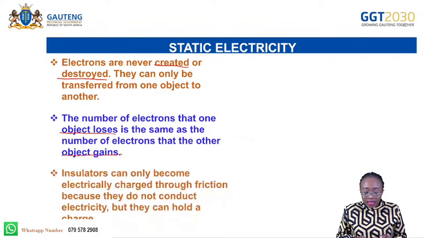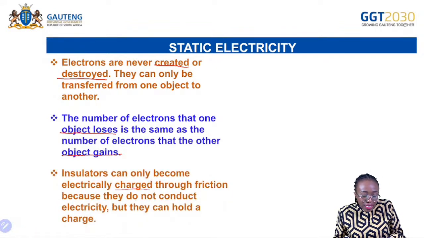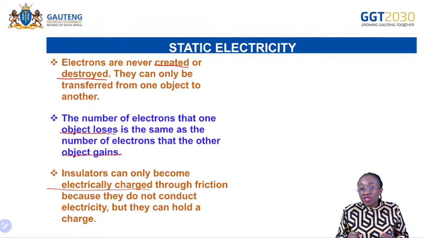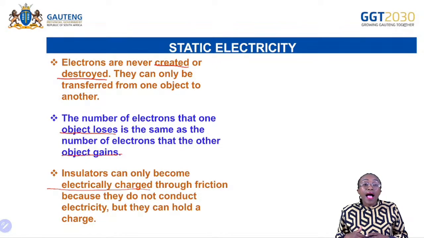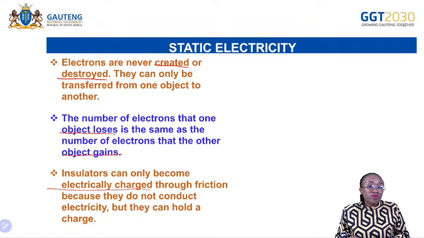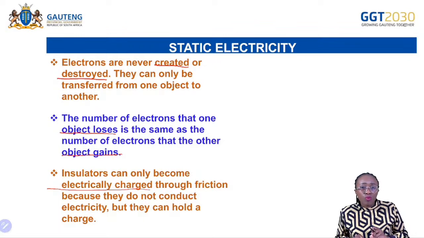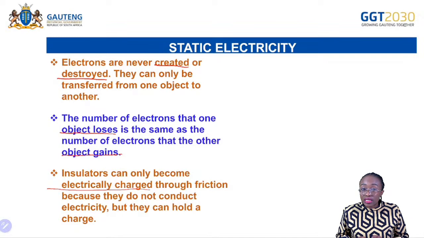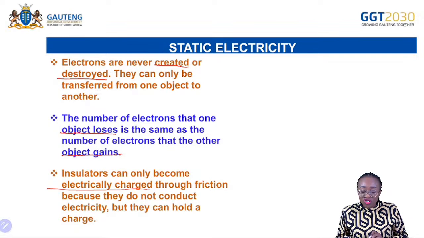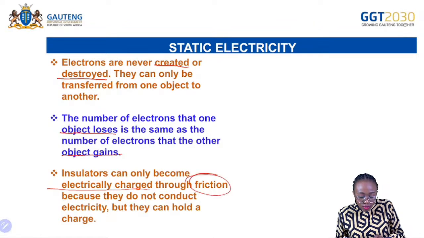Now, insulators can only become electrically charged through friction because they do not conduct electricity. Remember when we were learning about different types of materials and their properties? We've got your insulators and we've got your conductors. We know that insulators do not conduct electricity, but they can become electrically charged through friction.